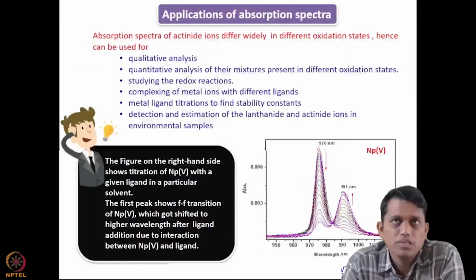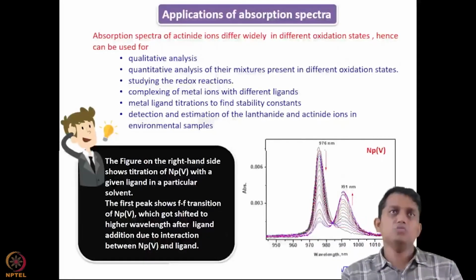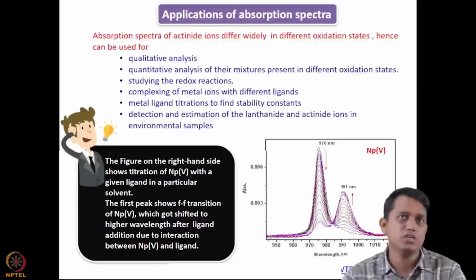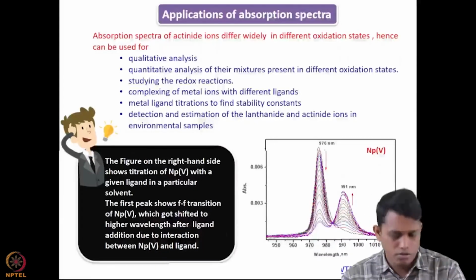So these are the applications of the absorption spectra. In general, we can use them for qualitative analysis. Suppose I give you a solution of plutonium or neptunium or any other actinide or lanthanide.